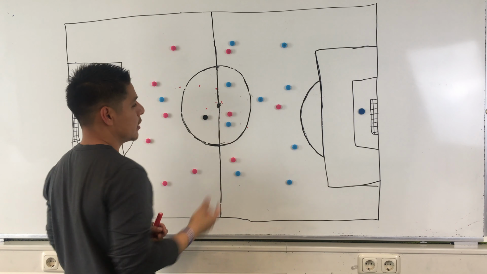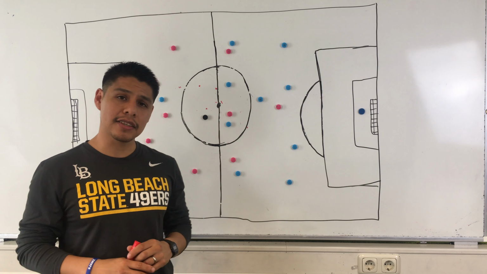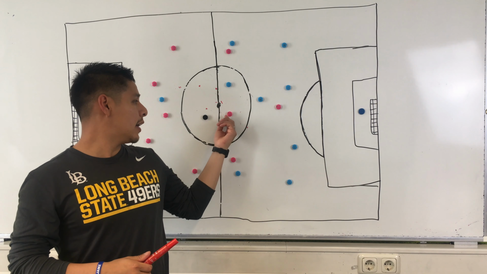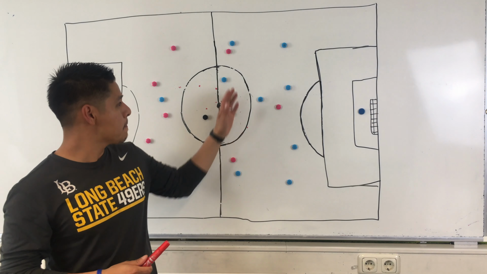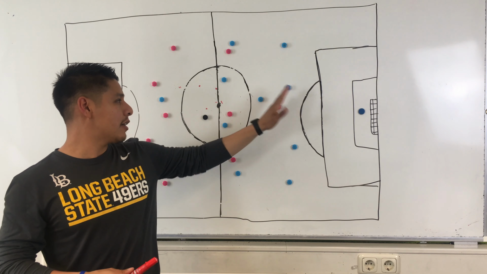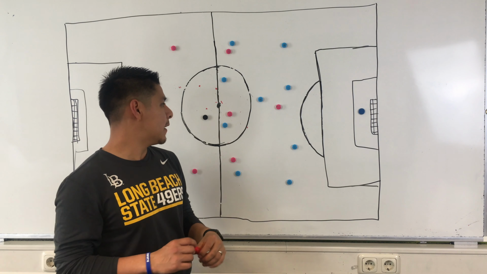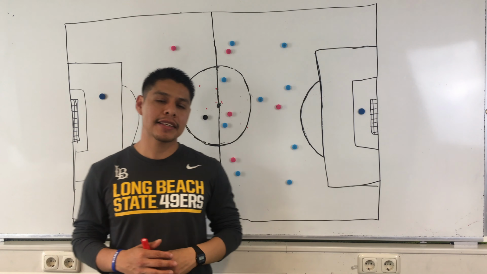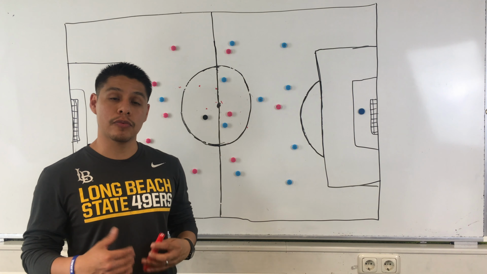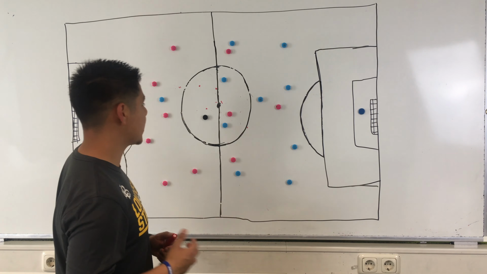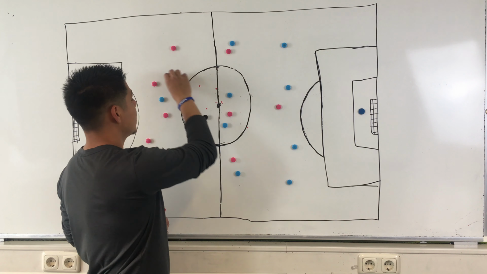So if you have a number 6 that likes to stay back a little bit more, but you don't have a number 10, but you do have 2 midfielders that can really hold the ball, then now you've created a 4-1-4-1 situation out of your 4-4-2 without really taking too much away from your players' skills and their qualities.